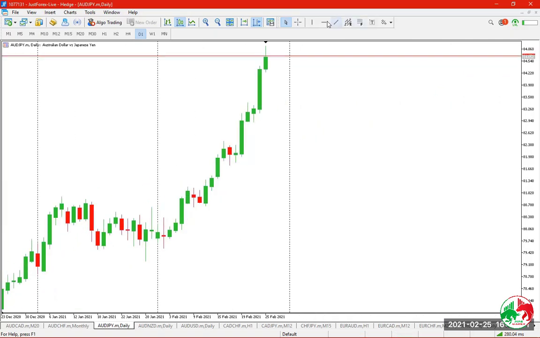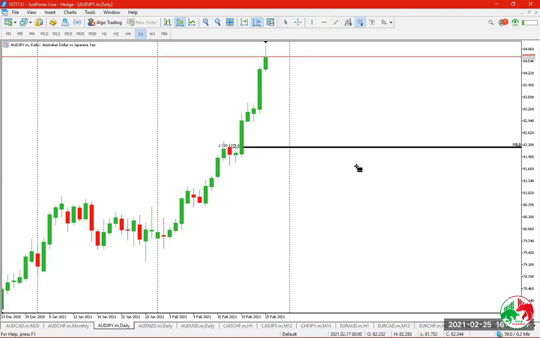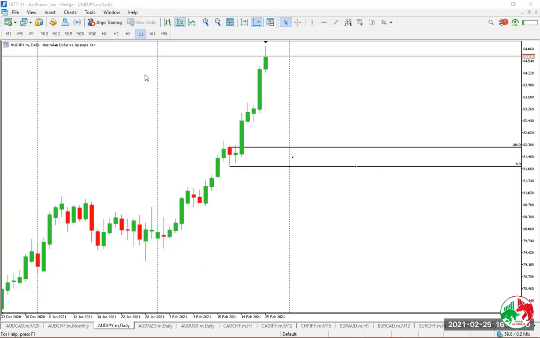This is a rally base rally, right? But this is an unclean imbalance because it took two candles to close above the previous seller. This was our last seller before the strong move up.